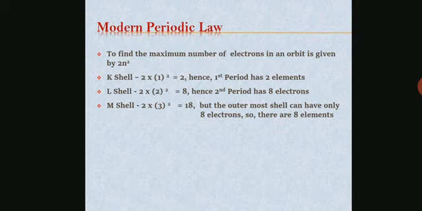So by writing electronic configuration, we can find the position of elements in the periodic table. We get the number of orbits by writing the electronic configuration, and by getting that number of orbits we can find the period number, because the number of orbits determines the period.